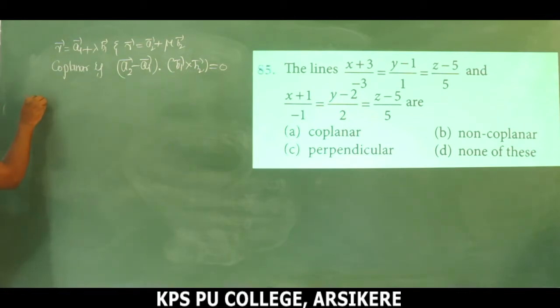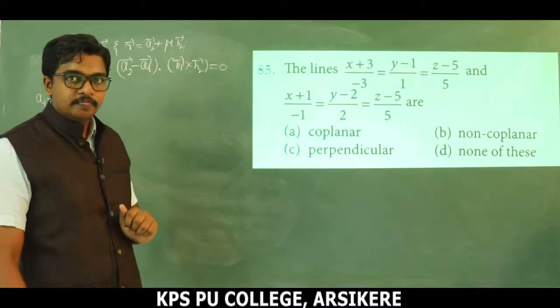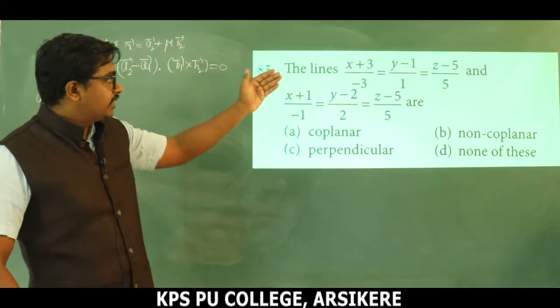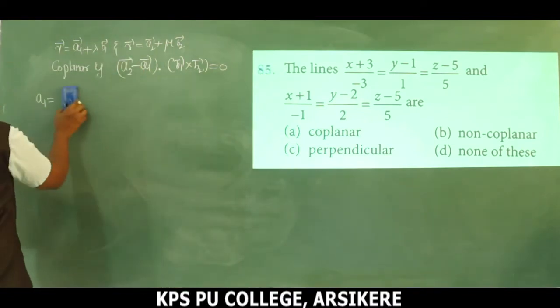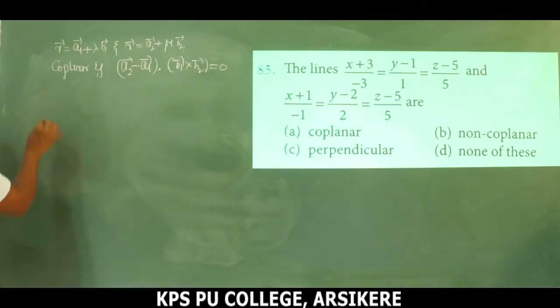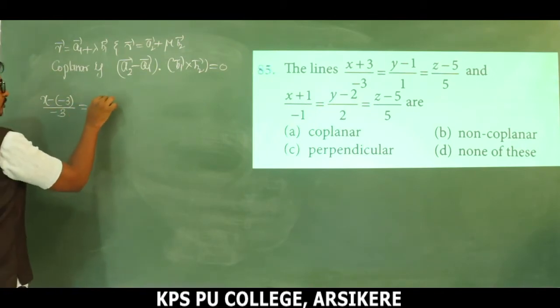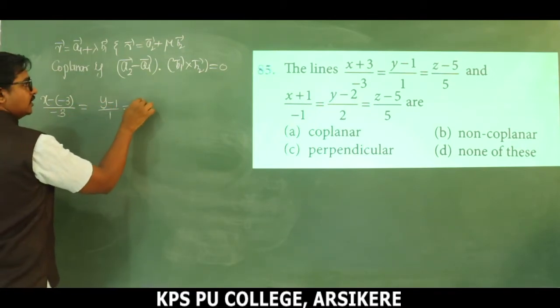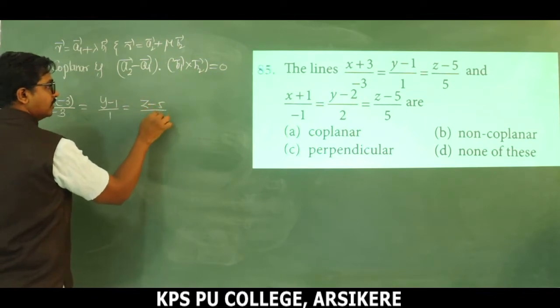Write the point a1 here, vector a1, x minus x1. But here we have x plus 3. First simplify the given equation of the line. That can be written as x minus of minus 3 divided by minus 3 is equal to y minus 1 divided by 1 is equal to z minus 5 divided by 5.